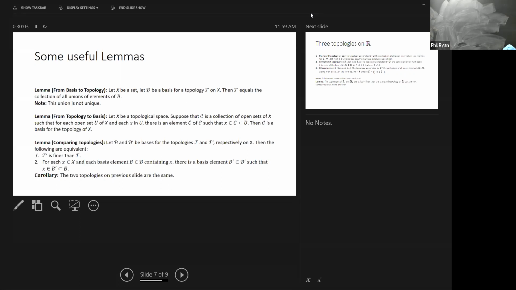Okay, so why is this true? I want to claim that this topology T equals the collection of arbitrary unions of basis elements.